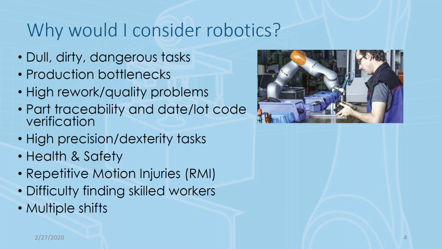So dull, boring work, and just really not ideal for human operators, along with the dirty and dangerous. So then you start having some health and safety concerns. Again, not ideal conditions for human operators, but those are great opportunities for robotics and things to consider.